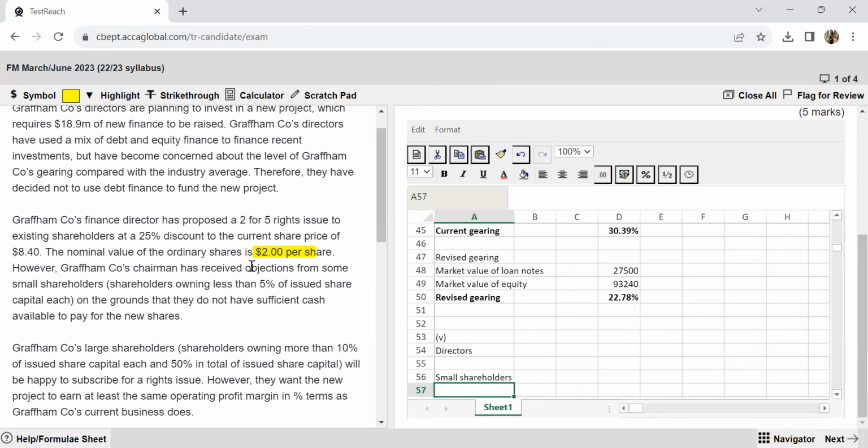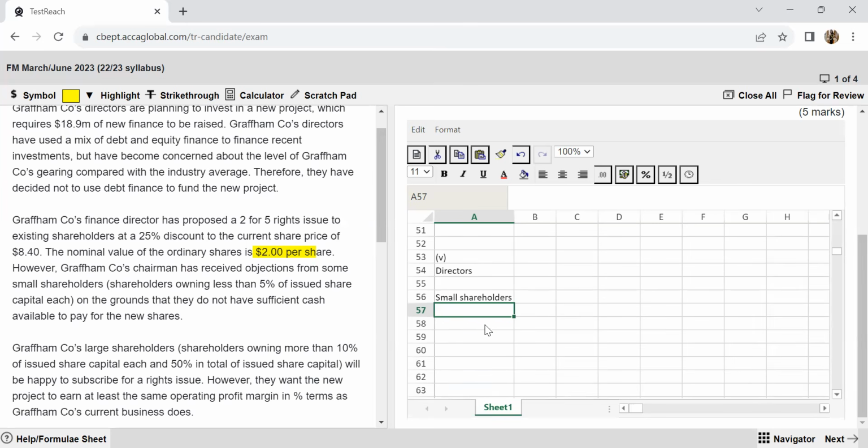Selling their rights will lower their shareholdings, but their shareholdings are already small, so it is unlikely to make any major difference to the influence that they have. Currently they do not have a very big influence on the company, owning less than 5%. Even if they are not able to take up the rights, this 5% may go a little bit down, but they will have little or no influence over the company either way.